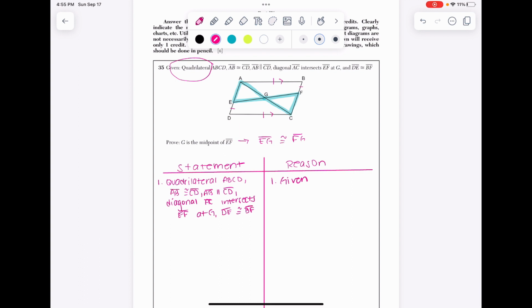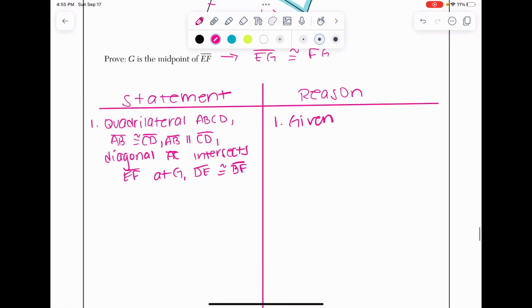And I can. I do actually know that this is going to be a parallelogram because we have a quadrilateral where one pair of opposite sides are both congruent and parallel. So I'm going to write all that. I'm going to say for statement 2 that ABCD is a parallelogram.